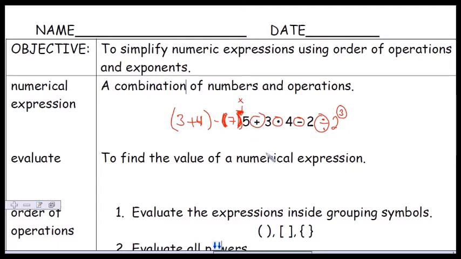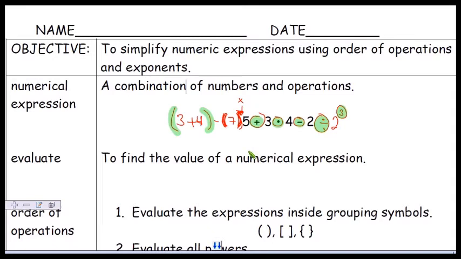Okay, so I want to make sure I point out every kind of operation that we're going to be dealing with. We are going to be dealing with addition, multiplication, subtraction, division, exponents, and parentheses. Okay, and this is called the order of operations because it matters which order you go in.